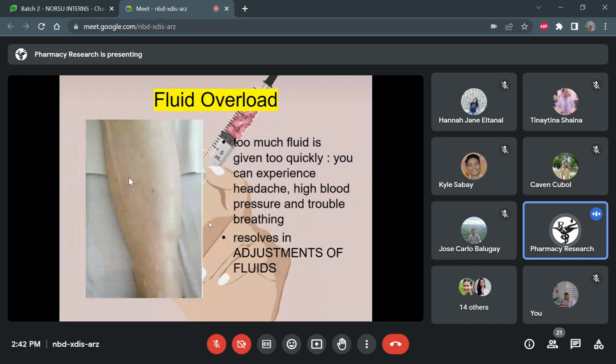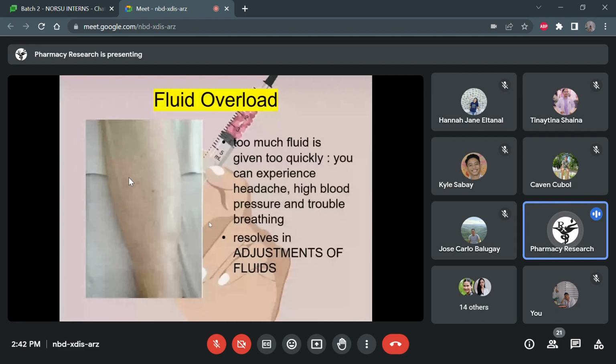It happens when fluids are given too quickly, and the patient can experience headache and high blood pressure. Too much fluid means increased sodium, so increased blood pressure. The resolution is just adjusting the fluids.